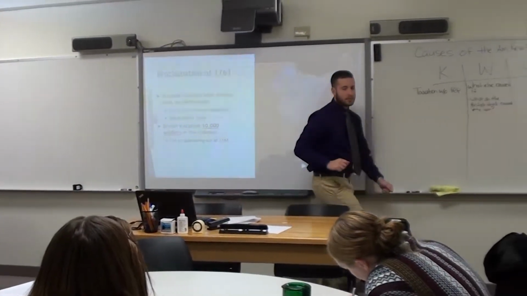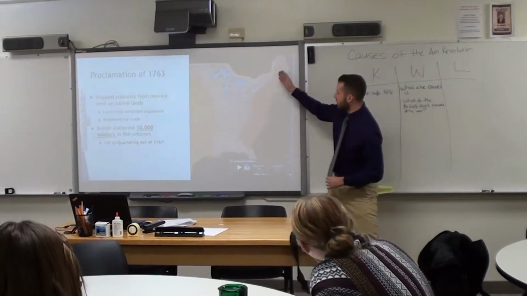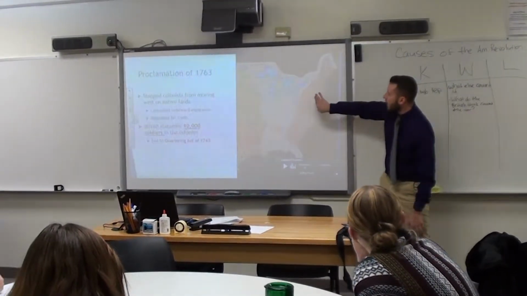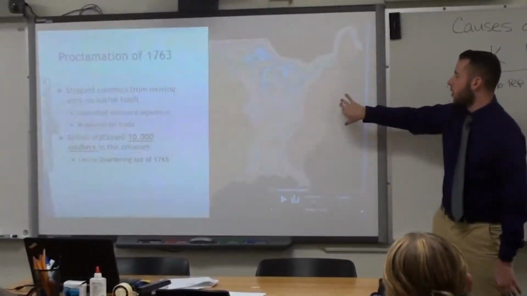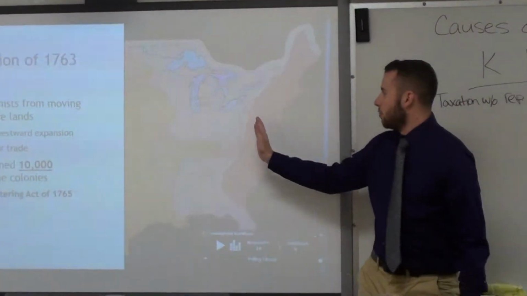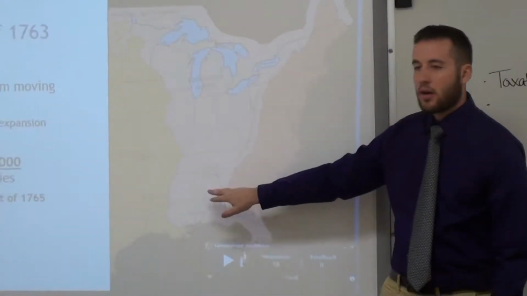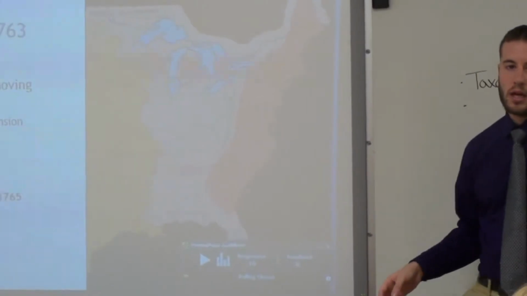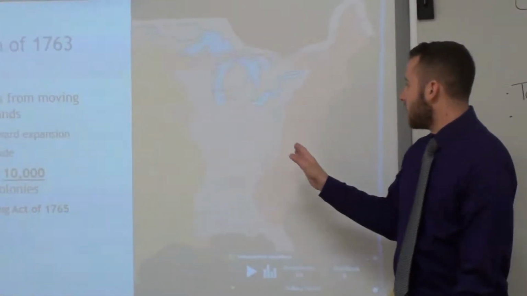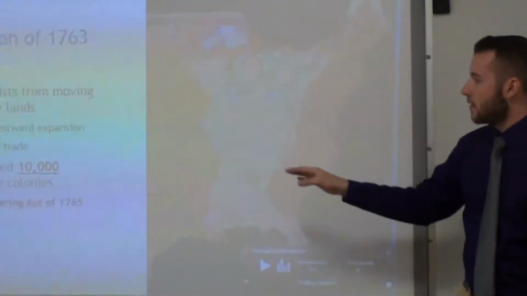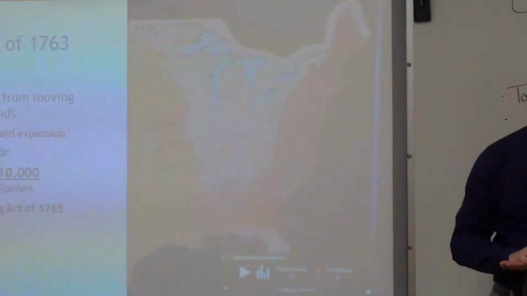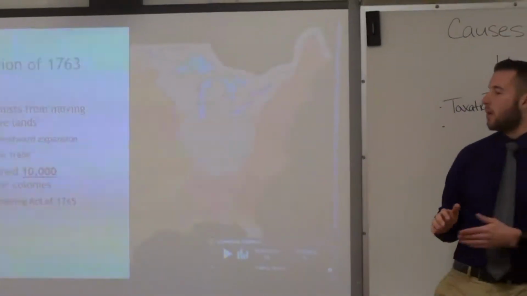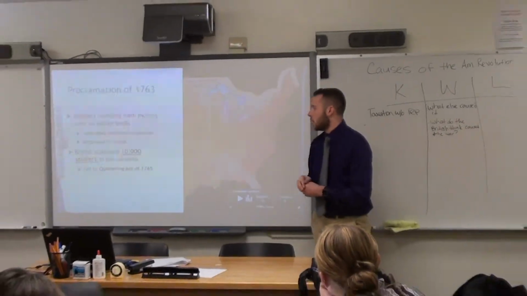On the map here, you can see that the colonists were basically kept near the eastern coast. Beyond this line is the Native American Reserve. This is where the natives were allowed to stay. With the border right there, this also regulated the fur trade, which took place a lot of times between the colonists and Native Americans.